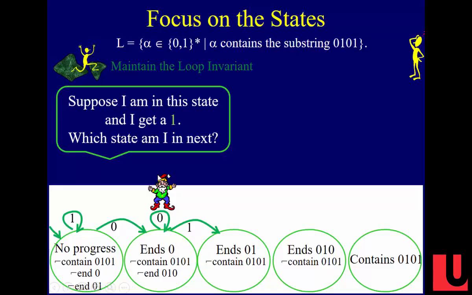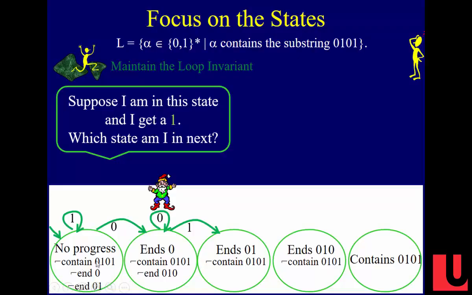Just because we read 0, we were at no progress, we read a 0, we went to ends-in-0, and then we read a 1. So why didn't we just go to ends-in-01? Because the one we read is no progress. Input was 1. Oh, okay.